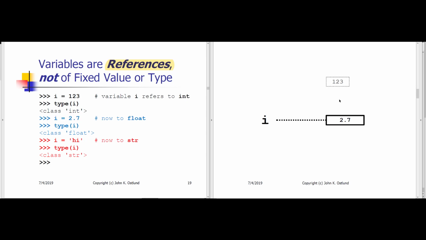Then when I say i gets "hi", space is set up in memory for that string "hi", and i is modified to refer to that string. 2.7 now, unless there's some other variable referring to that value, has no references and so can be reclaimed from memory. This is a critically important thing to understand, that variable names in Python refer to objects in memory, and if an object has no variables referring to it, the memory space for that object may be reclaimed to be reused for some other object later.